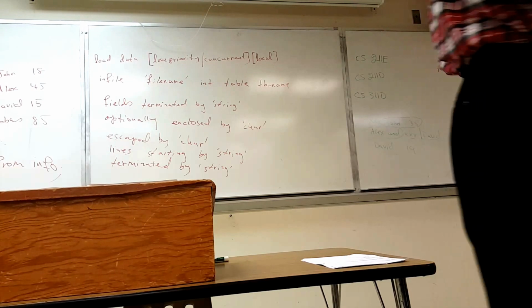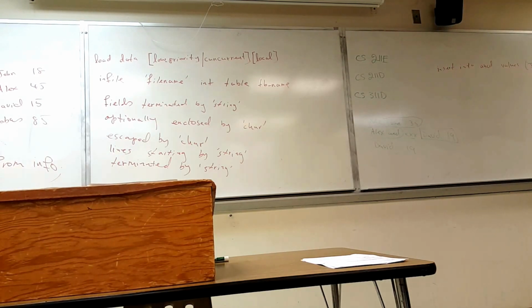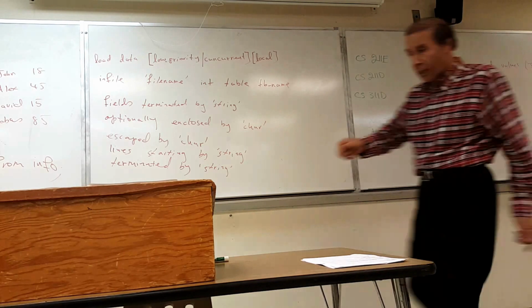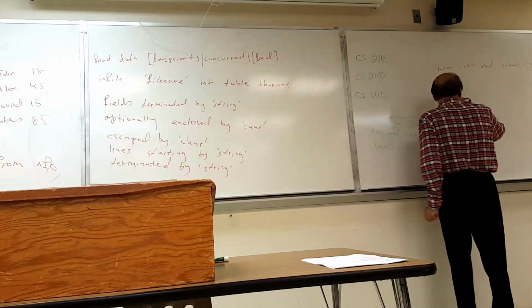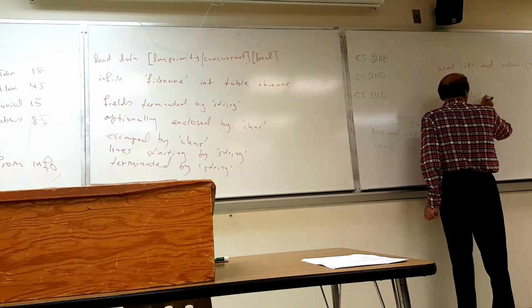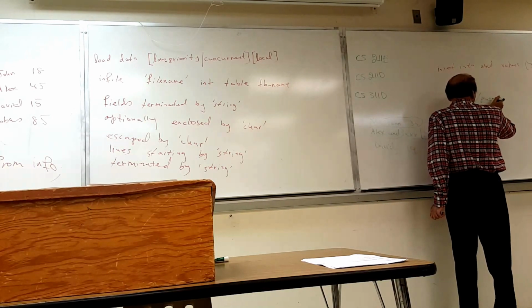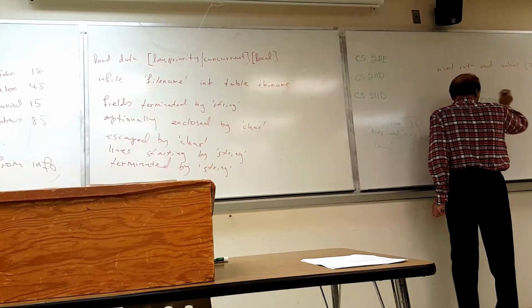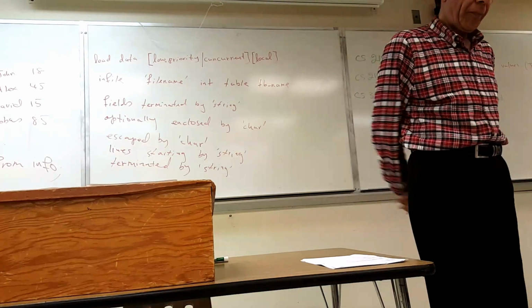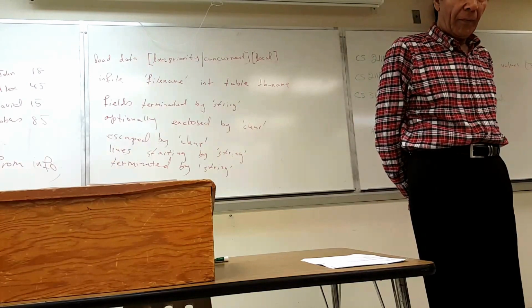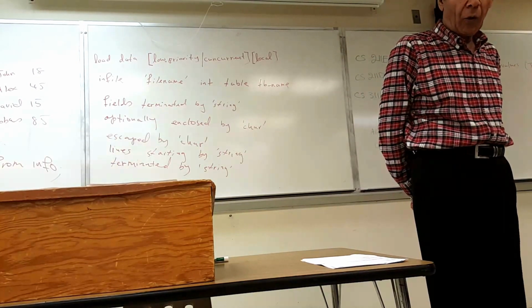Okay, let me tell you what it is. In Unix, Linux, and Mac OS X, we have a password file. This password file is located in the etc directory, and it's called passwd file.